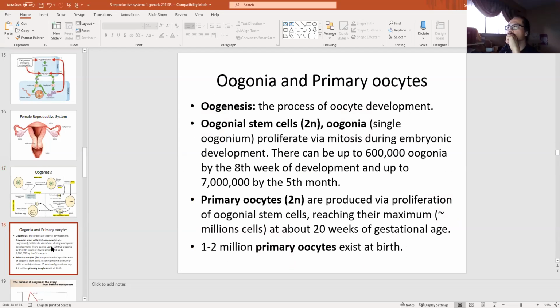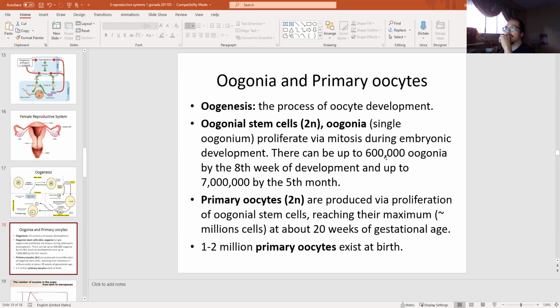All right, so let's go through this process again. Oogenesis is the process of oocyte development. The body produces the oogonia stem cells during early development in the fetus, and these will produce the primary oocytes.